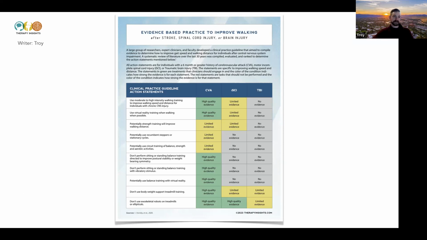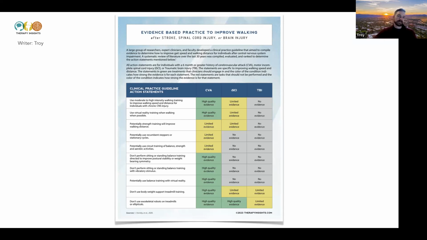So after reading these, it was like, oh man, got to change the way I practice, because this isn't necessarily how you were taught in school, right? Depending on when you graduated, some of these things we used to do a lot of, and now we've actually found that it's not quite as effective.